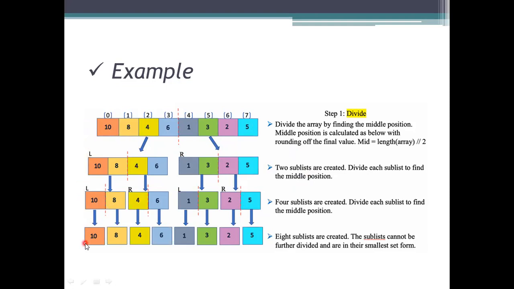Division is based on the formula mid equals beginning plus ending divided by 2, or simply take the array length, which is 4. 4 divided by 2 gives 2 sub arrays, each consisting of 2 elements. Try to place these at these positions only. That is the first step.